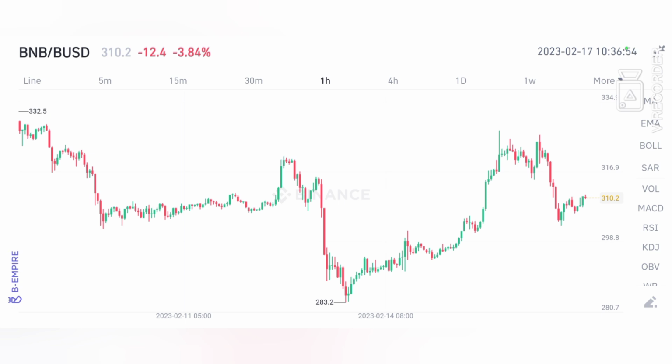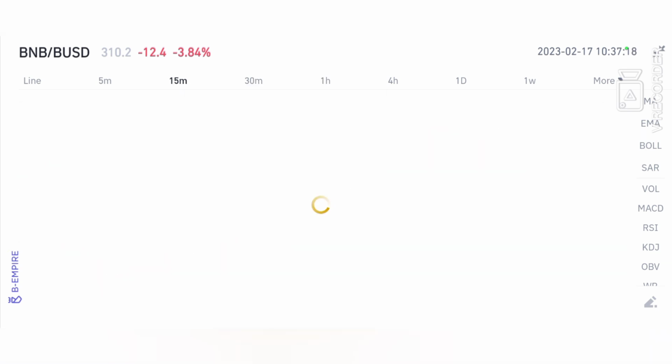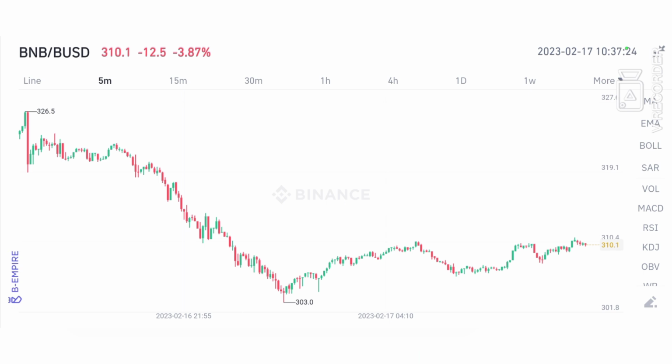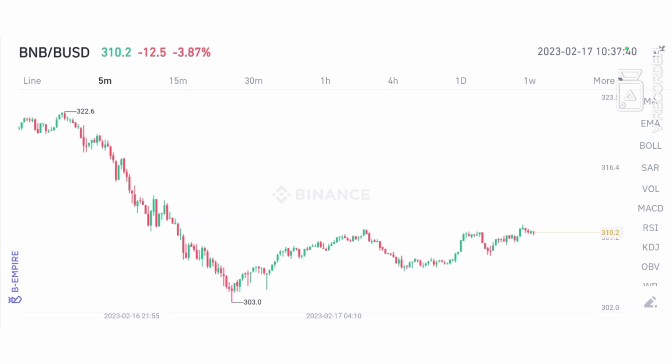And for our entry time frame as scalp traders, any of the minute time frames can work. It could be the 30 minutes, 15 minutes, 5 minutes, 3 minutes, etc. So that's the guideline that you can use when performing multi-time frame analysis.